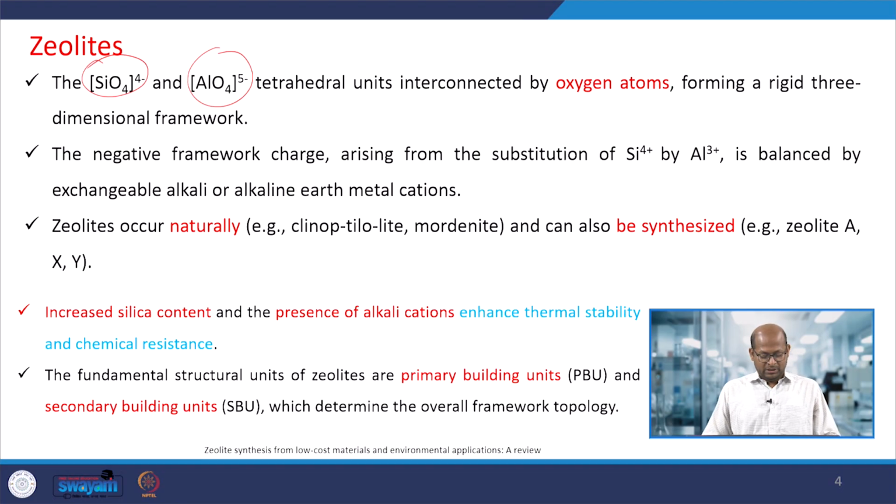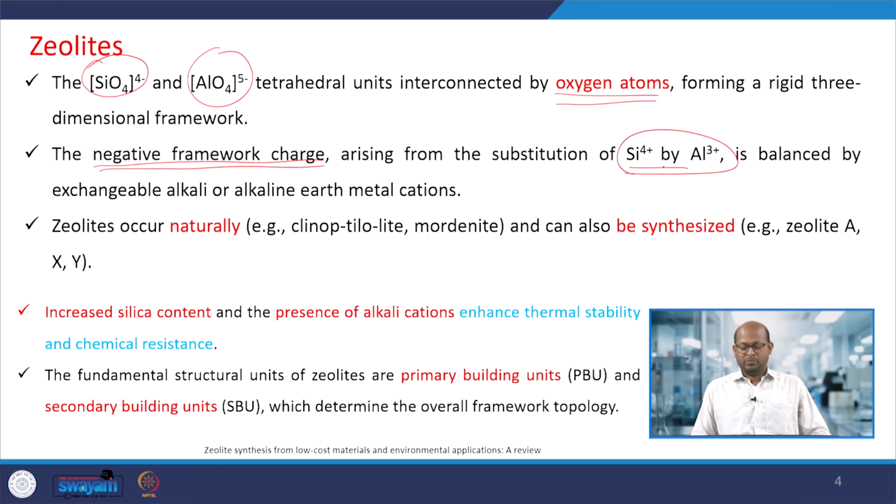Basically these are the two primary building units, tetrahedral units, connected with oxygen atoms, and therefore they form a three-dimensional rigid framework. Sometimes negative framework charges are present: when Si4+ is substituted by aluminum, due to charge balance, negative charges are present in the zeolite framework.